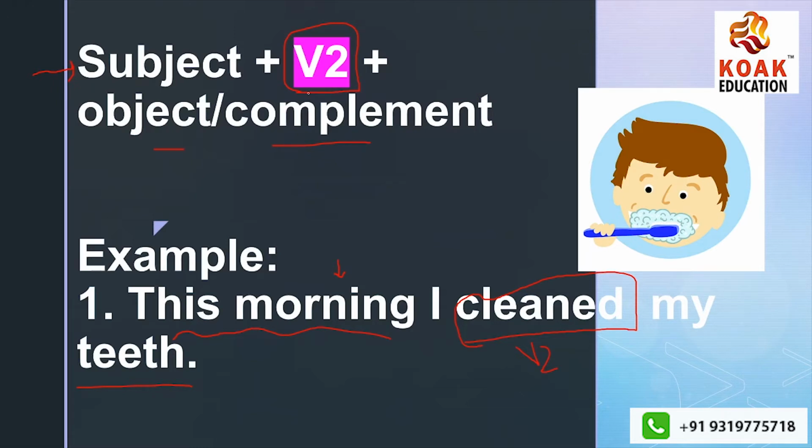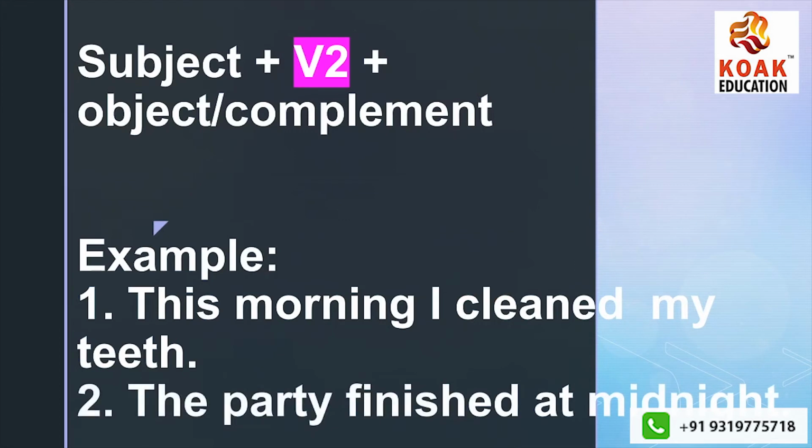Now here in the next sentence, I have another example for you. The party finished at midnight. Now I'm again telling, the party finished at midnight yesterday, maybe last midnight. So the party finished at midnight.